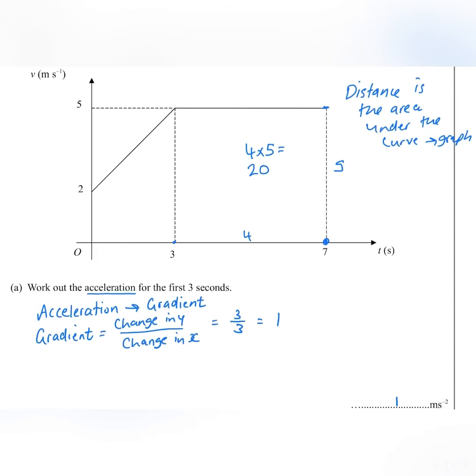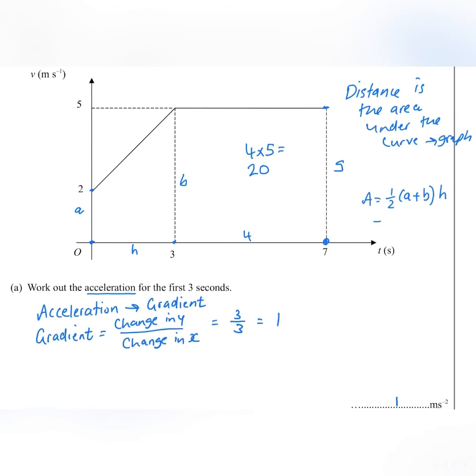Now for the first part, in the first 3 seconds, I'm just going to take this as a trapezium. So we got A, B, and the height of the trapezium. The area formula for a trapezium is half times A plus B, and then times the height.